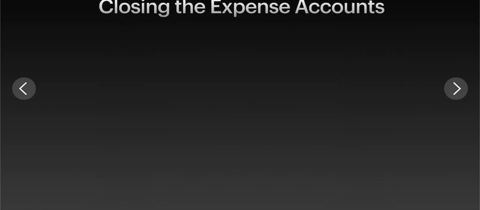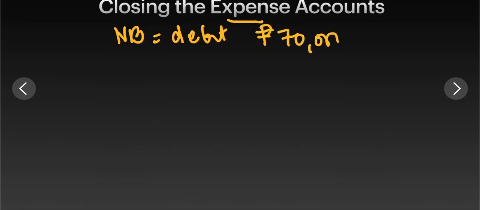On the other hand, how are you going to close the expense accounts? Expense is again an income statement account. The normal balance of an expense account is debit. Let us assume that the value of your expense account is 70,000. So since this is a debit, in order to make it 0, in order to close the expense accounts, what you're going to do is to credit it.